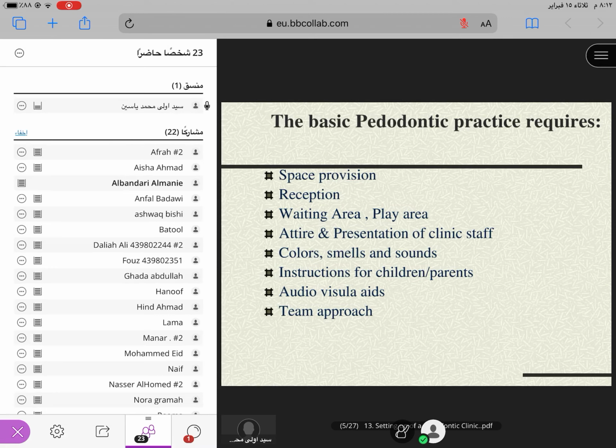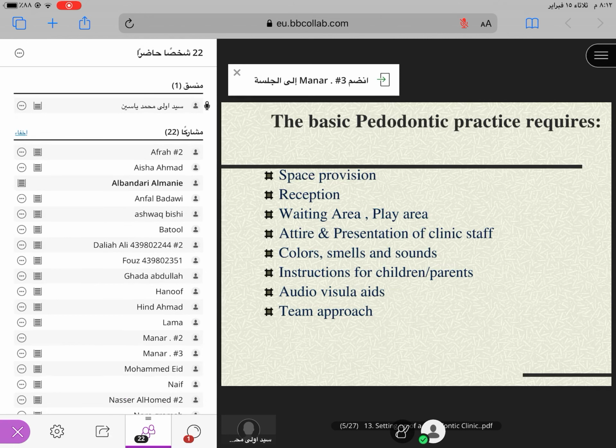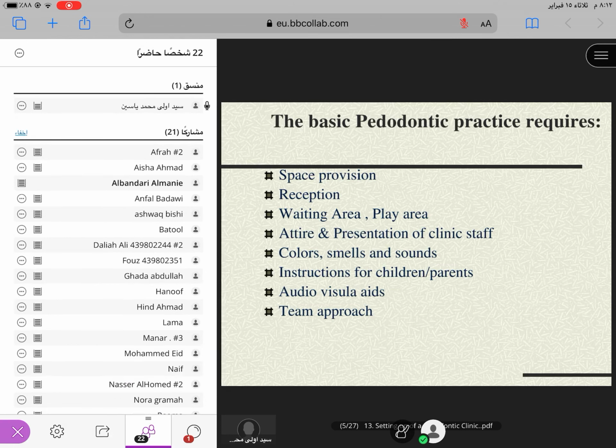The quality dental care for a child starts from the reception, from the staff, from the design of the clinic, from the colors that you choose for the clinic, the environment of the clinic. All these factors have a positive impact on the child's mind, so that they tend to have a positive mindset coming towards dentistry and getting the treatment done.